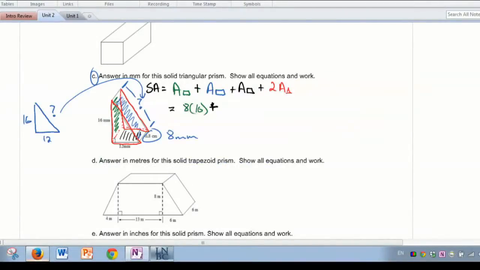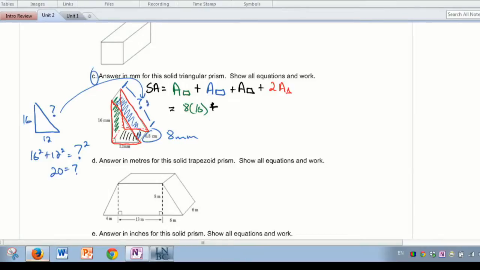So I'm going to use the Pythagorean theorem. 16 squared plus 12 squared is, well, let's just go question mark squared. Why not? 16 squared plus 12 squared is 400. Square root of 400 should be 20. And it is. So 20 is equal to the question mark.